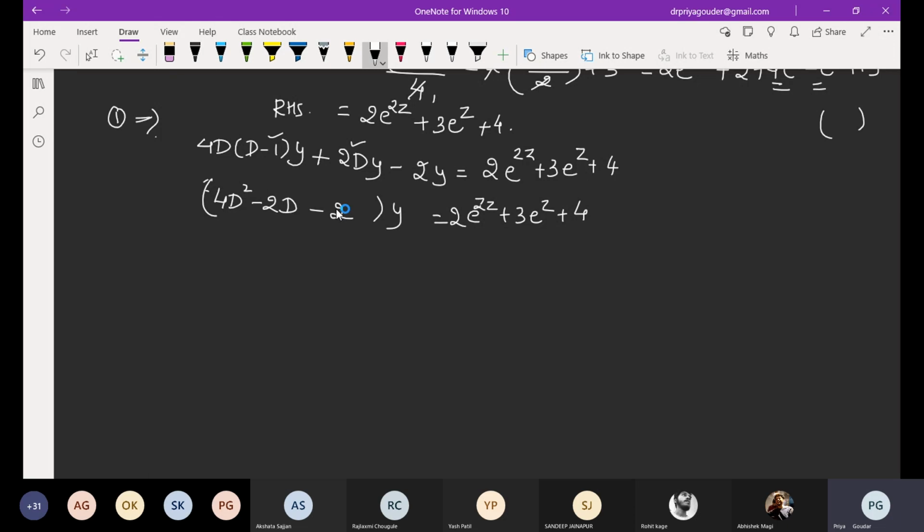Yeah, what is the next step? Auxiliary equation is what? What are the roots? Take the calculator and tell me the roots.